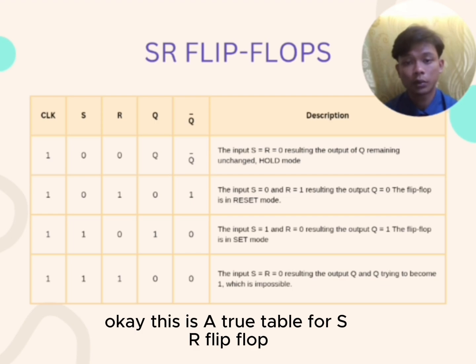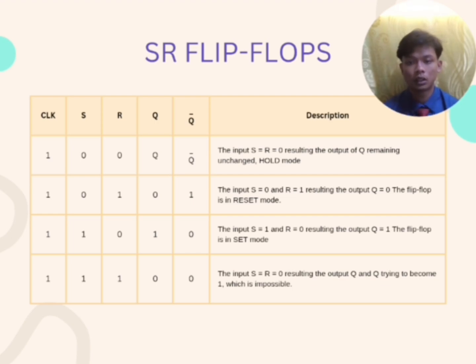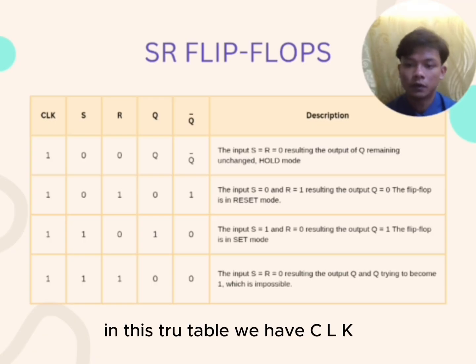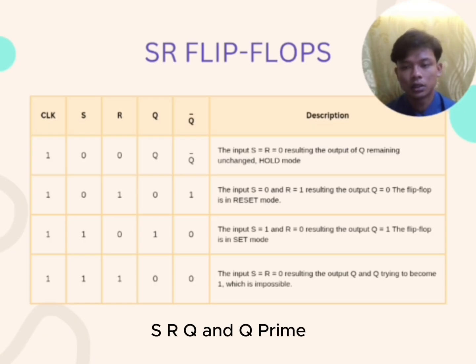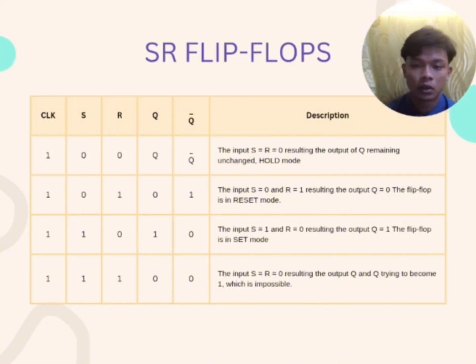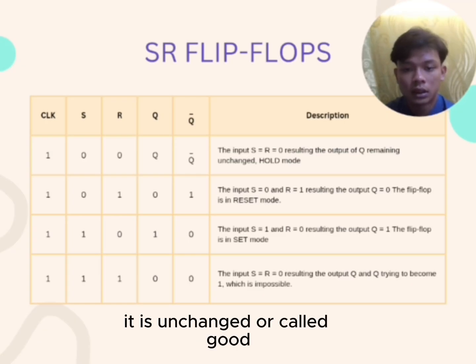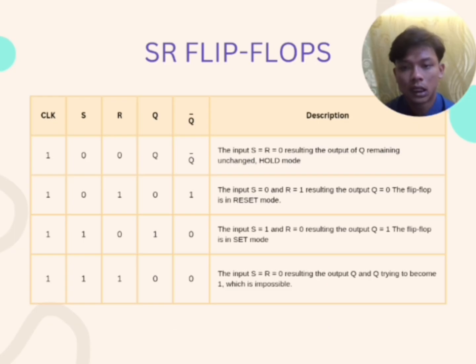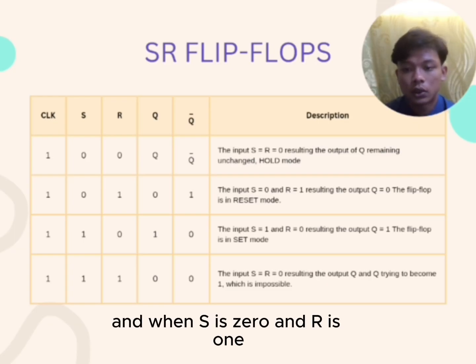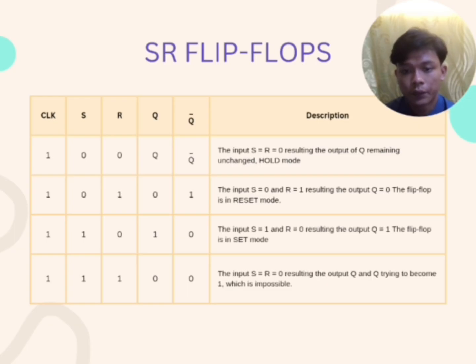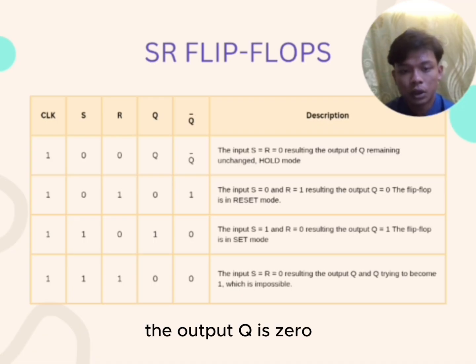This is a truth table for the SR flip-flop. In this truth table, we have CLK, S, R, Q, and Q prime. When S is 0 and R is 0, the output is unchanged, or called hold. When S is 0 and R is 1, the output Q is 0.